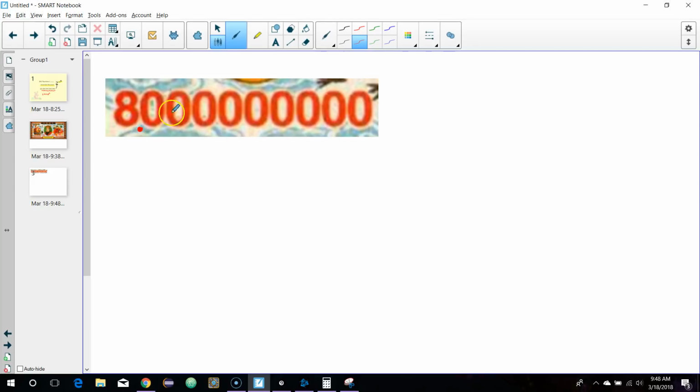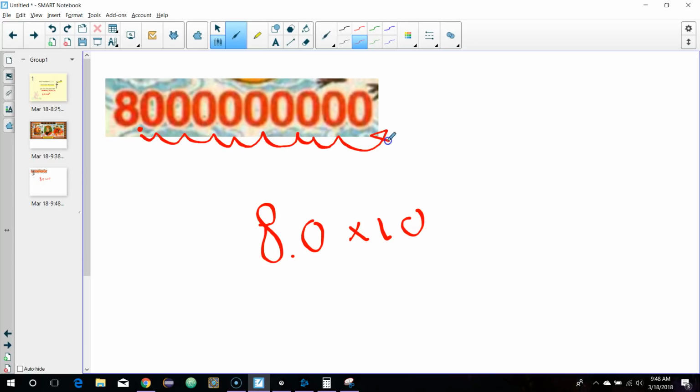Always put that decimal. Let me remove that. I'm going to put the 8, and I will still put that dot 0 over there, even though there's nothing over there. I will put 8.0 times 10 to the power of, let's count, 1, 2, 3, 4, 5, 6, 7, 8, 9. So altogether 9 times.